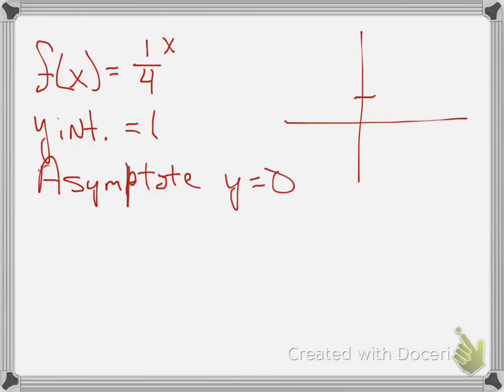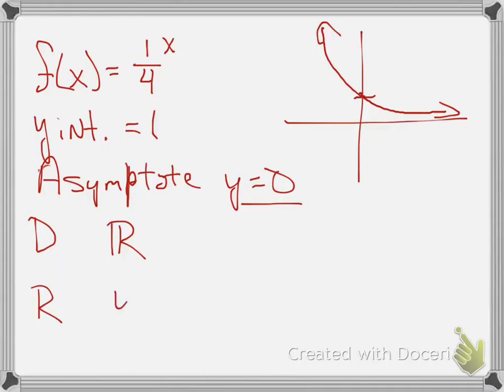So then I would have a graph that I know would look like it's kind of steep going this way, but would go like this. So approximately something like that. Now if I generate a table, I could easily see how that would work. But the domain here is still going to be all real numbers. There should be no limit to that. And the range should be easy to say, okay, look, here's my y.